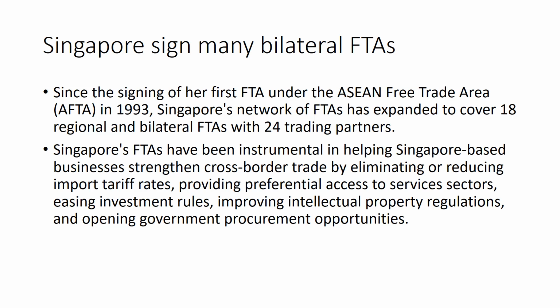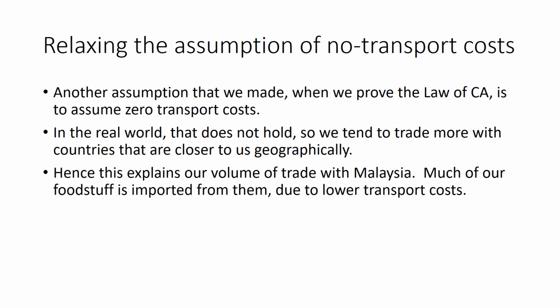It's because it allows our businesses to export goods and services to these countries without being taxed, without being levied import tax. This also provides easing of investment rules, improving intellectual property regulation, as well as opening up government procurement opportunities. So that's about trade restriction.